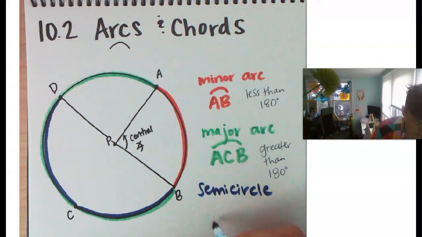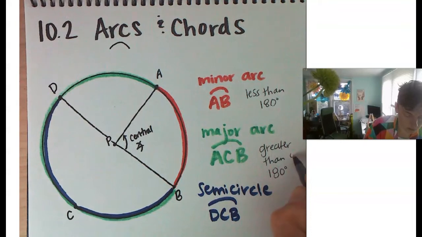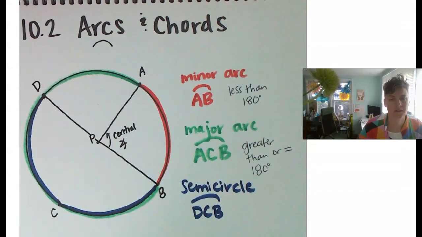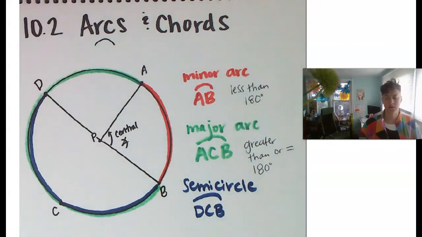Semicircle, so that arc would be DCB. I guess I really misspoke because the major arc should be greater than or equal to 180 degrees, because the semicircle is technically a major arc as well.